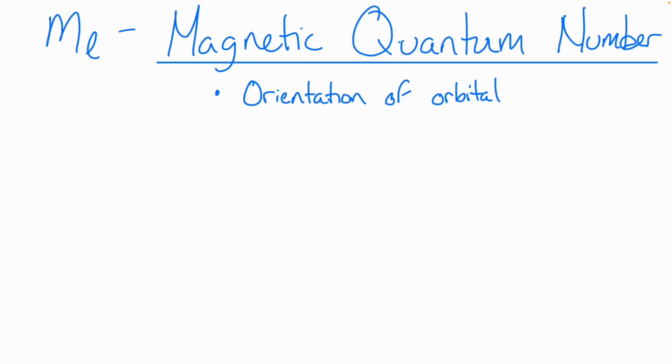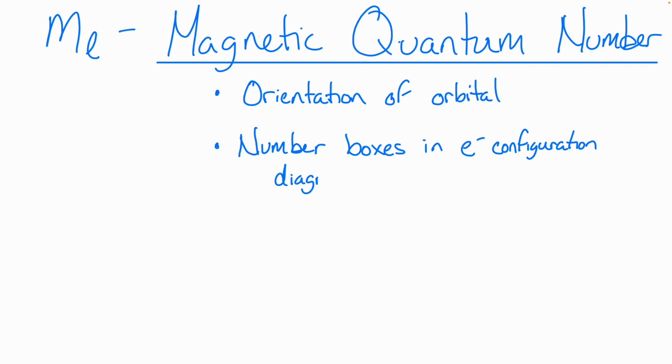All right, what it's going to correspond to practically is we're going to number our boxes in our orbital diagrams, in our electron configuration diagrams. So let's take this electron configuration that we built for fluorine.